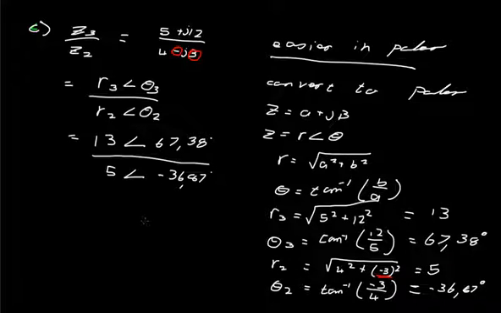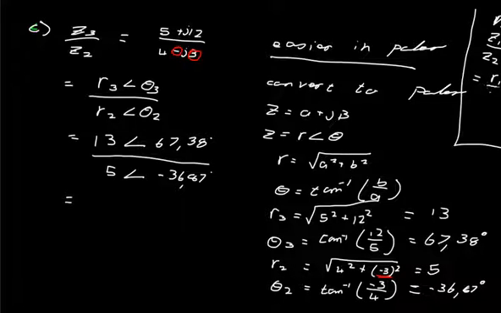Okay, and then from De Moivre's theorems, I'm going to write it here in the top right: Z1 over Z2 in polar form is equal to R1 over R2 angle theta 1 minus theta 2.